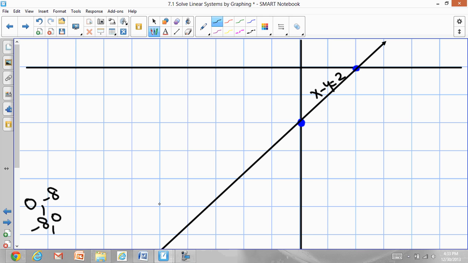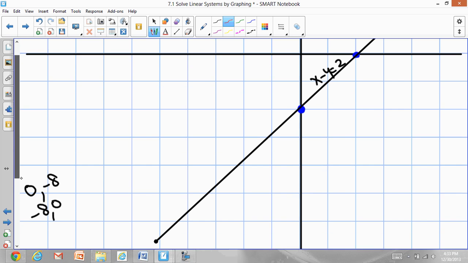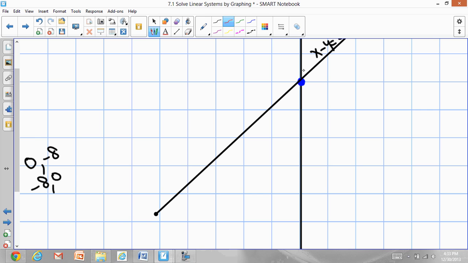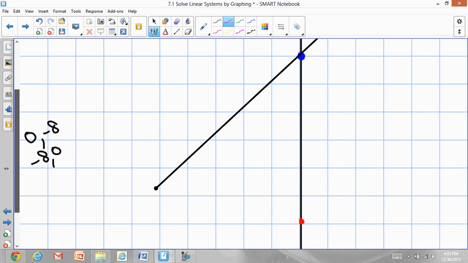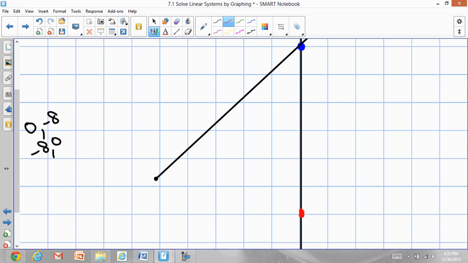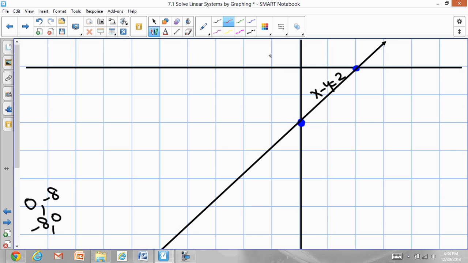So on the same graph, now I'm going to graph these 2 points. I'm going to use red. So 0, negative 8: 1, 2, 3, 4, 5, 6, 7, 8. And this is my (0, negative 8). My second point is negative 8, comma 0: 1, 2, 3, 4, 5, 6, 7, 8, negative 8, comma 0.